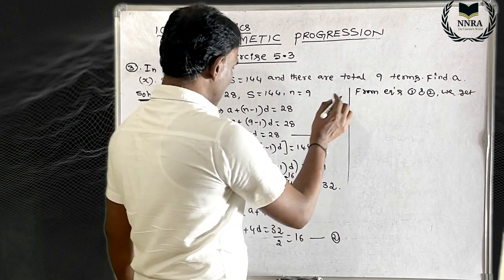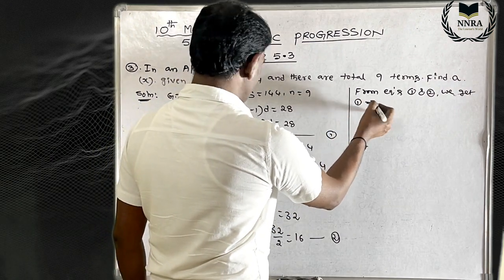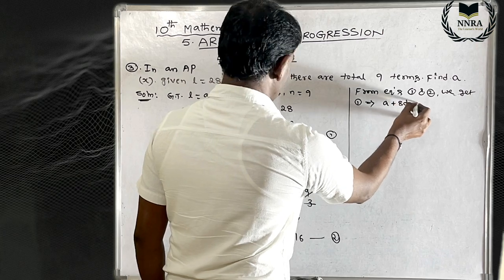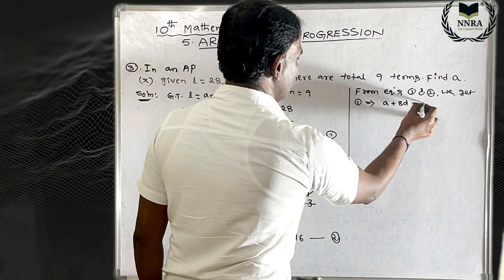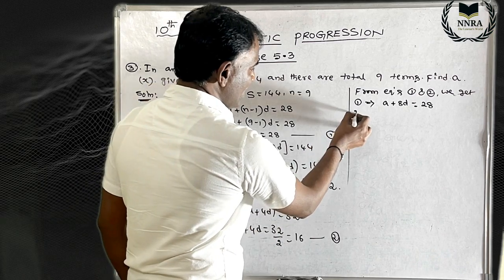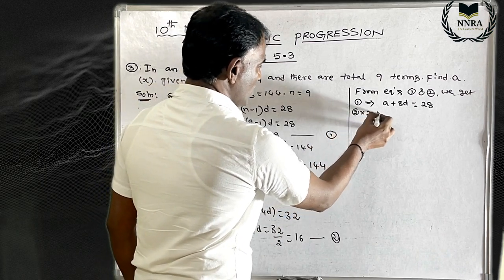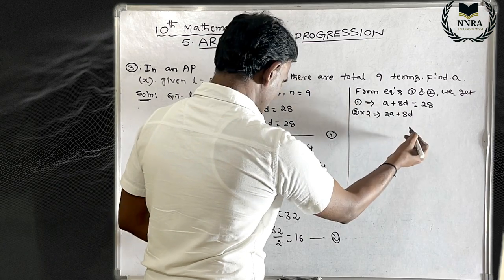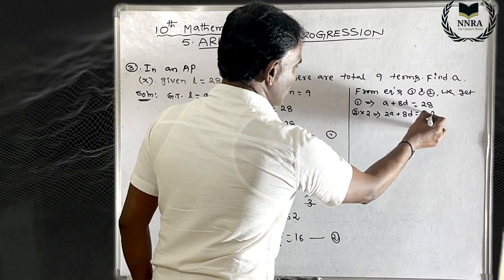Now equation 1, what is that first equation? a plus 8d equal to 28, right? And now second equation into 2. So how much we get here? 2a plus 8d, it is 32.